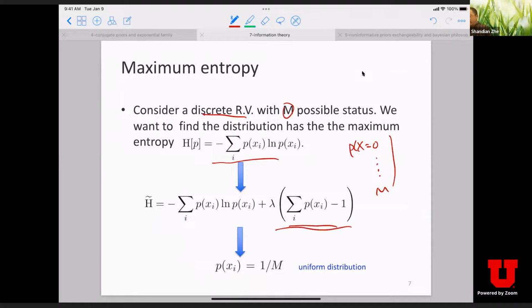Then we just maximize this entropy. We take the gradient and set the gradient to be 0. You can see that if you want to get maximum entropy, your distribution should be the uniform distribution. Namely, the chance that x takes each value should be the same, which is 1 over m.